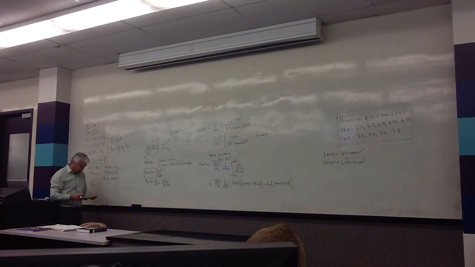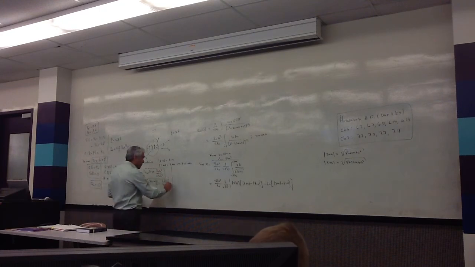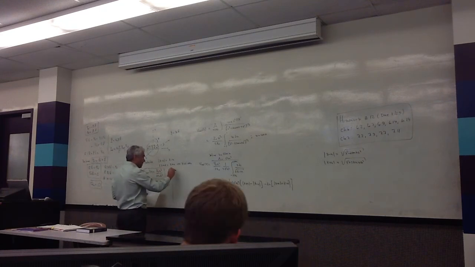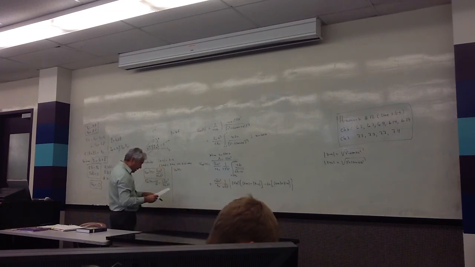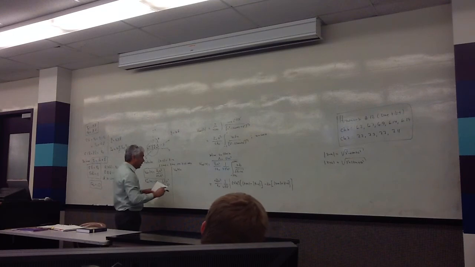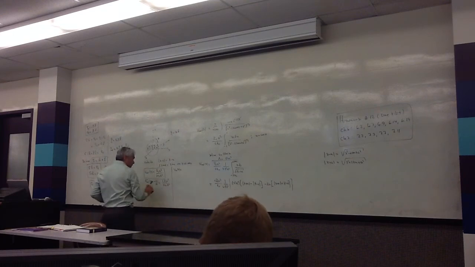This is the outside field. So it goes as 1 over z squared. The inside, let me go to it here.